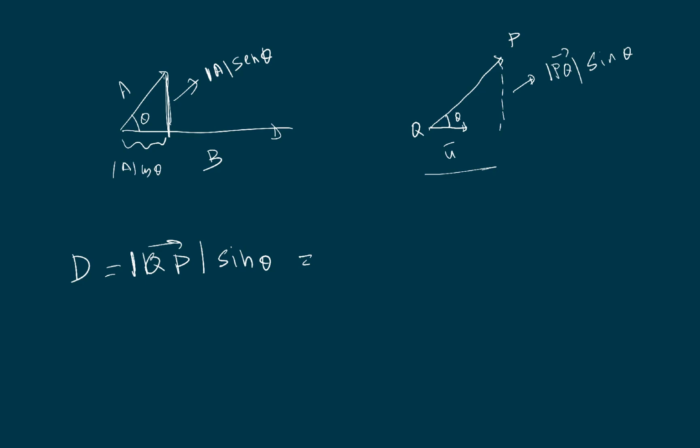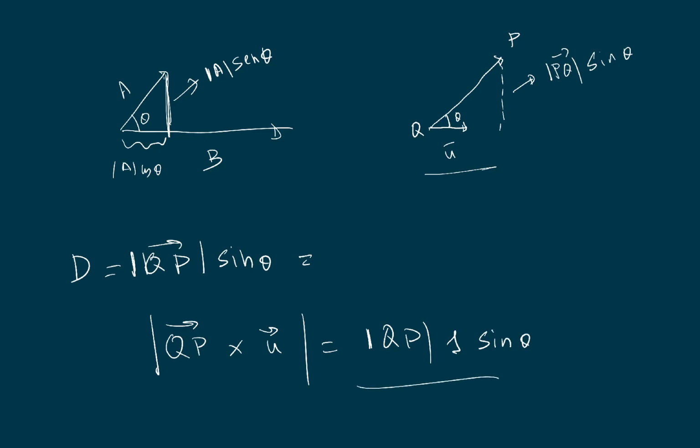If we take the cross product of QP cross U, what will be the magnitude of this cross product? It will be the magnitude of the first, QP, times the magnitude of the second, 1, times the sine of the angle that they form.